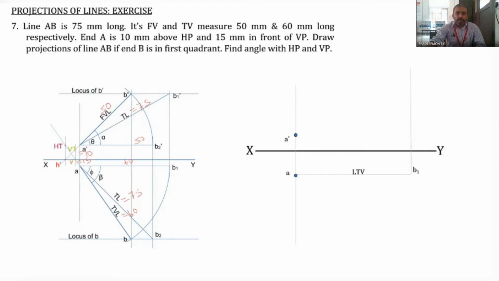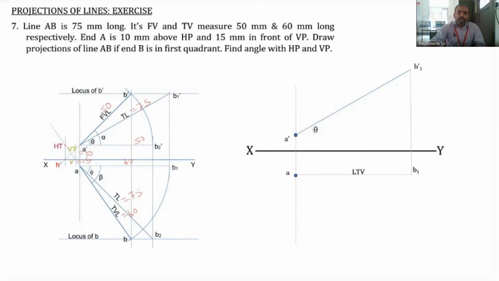Now from B1 we draw a vertical line, and then from A dash, this straight line is drawn actually using a curve. First we draw an arc with the 75 millimeter as radius, and when that particular arc intersects with the vertical line from B1, we obtain the point B1 dash. Then we join B1 dash with A dash.